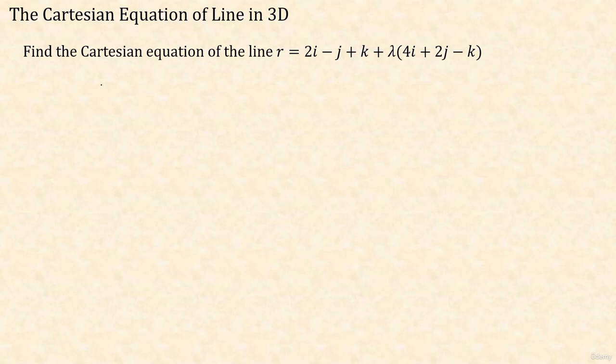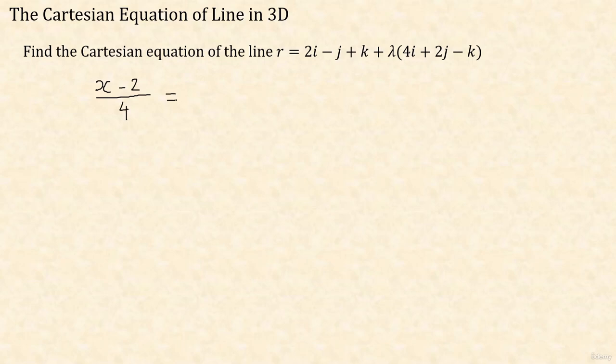What we have is, you take x minus the i value here and divide it by the direction value, or the i value in the direction here.